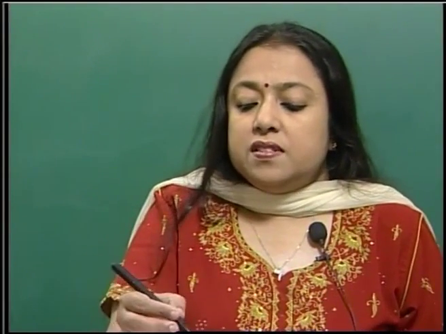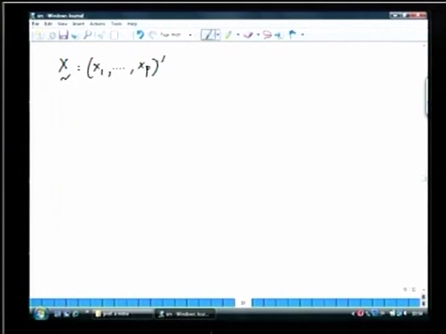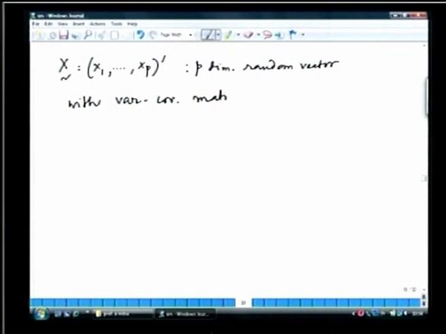So how is this done? The whole thing is based on the variance-covariance matrix. So what we have is the random vector x, which is a p-dimensional data vector x1 to xp, a p-dimensional random vector with variance-covariance matrix sigma.